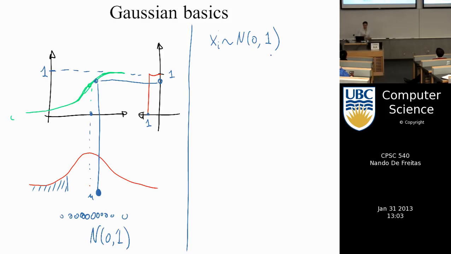Now, if I want to imagine something from a Gaussian that has mean, I don't know, mu and some variance sigma squared, what I will do is I will just imagine a Gaussian that's 0, 1, because that's what I know how to do.